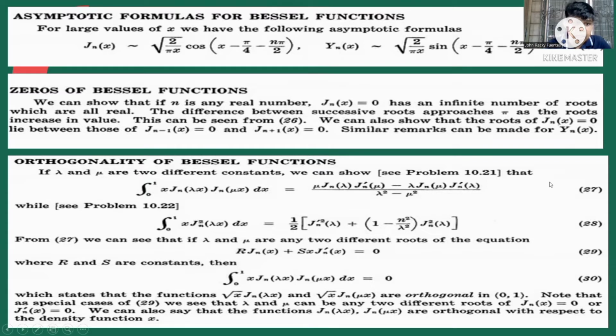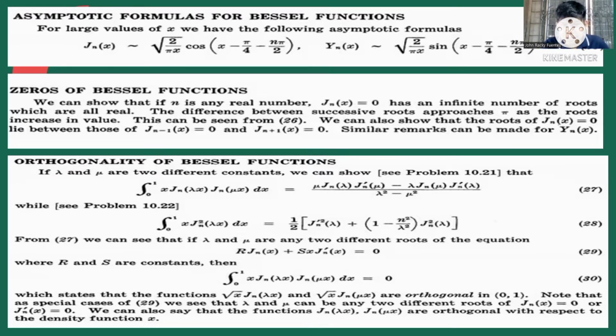We can show that if n is a real number, J sub n of x is equals to 0 has an infinite number of roots which are all real. The difference between successive roots approaches pi as the root increase in value, this can be seen from the asymptotic formulas.